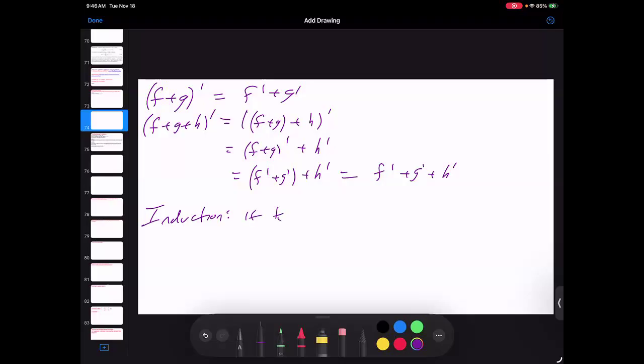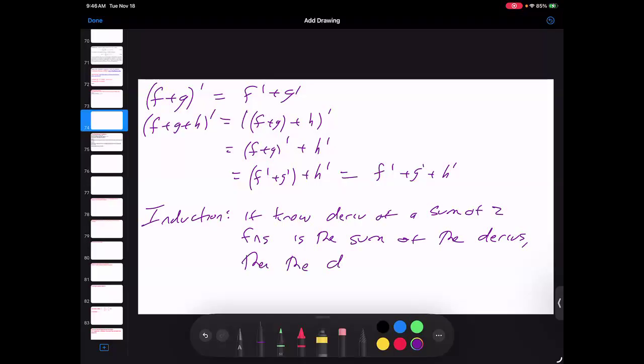So if we know the derivative of a sum of two functions is the sum of the derivatives, then the derivative of a sum of functions is the sum of the derivatives. Do you think there's anything I have to be careful about?